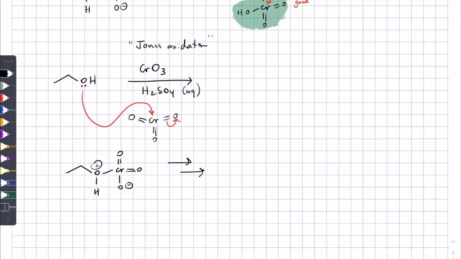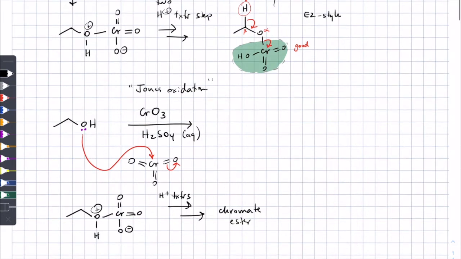So again, you're going to get the chromate ester, which I'm not going to draw because it's exactly the same as before. There are some proton transfer steps. And then you get again to the intermediate where you have a proton beta to a good leaving group. And the elimination can happen.